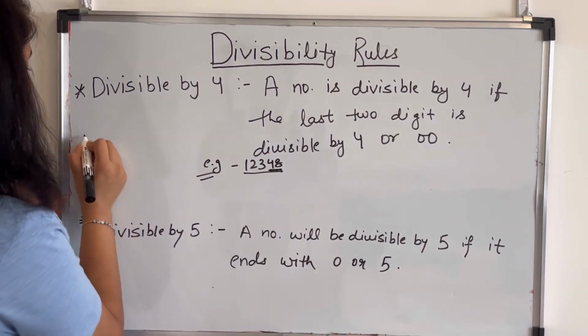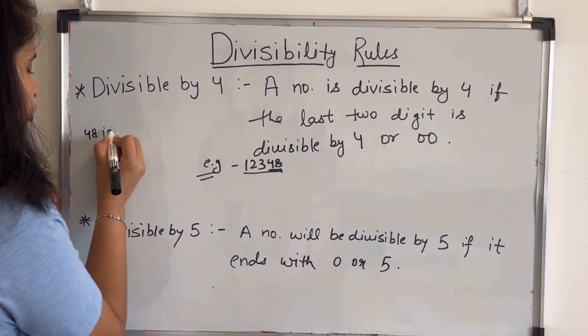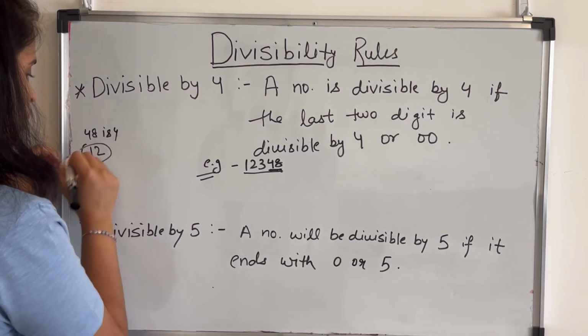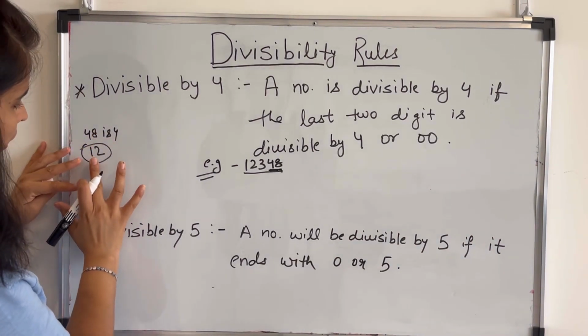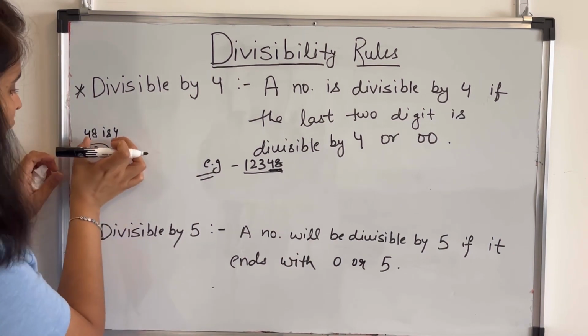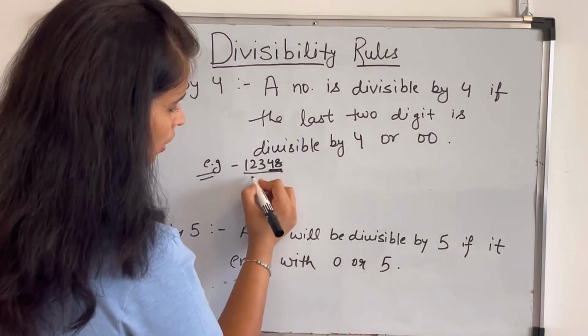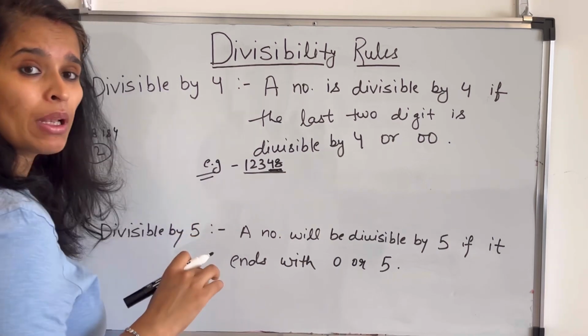So we'll check it here. 48 is divisible by 4. Obviously, if I divide it, 12 will be our quotient. So 48 is divisible by 4, which means this number is divisible by 4.